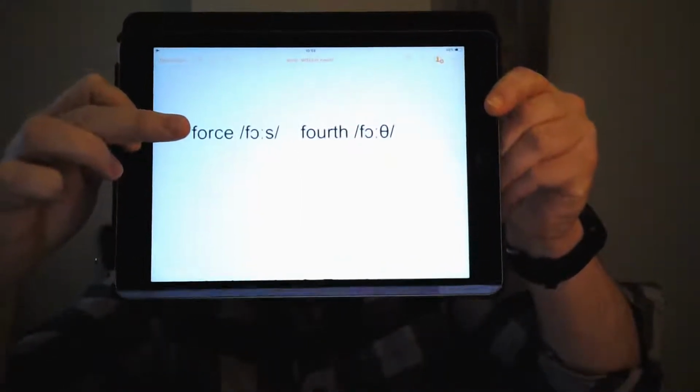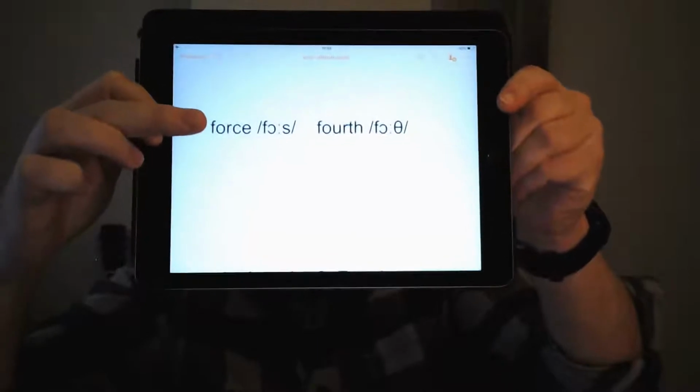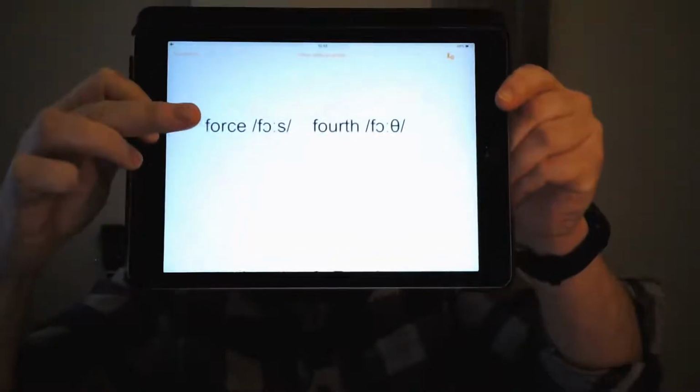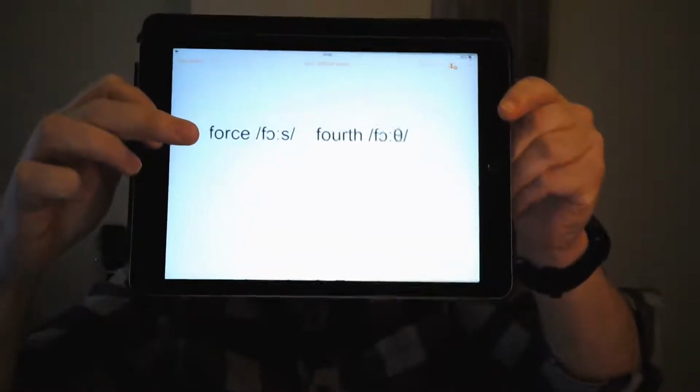And the only difference here is that last sound. S and th. So it's force and fourth. Okay. And this th sound, we're going to look at that again in our last example of pairs of words which are similar in pronunciation.